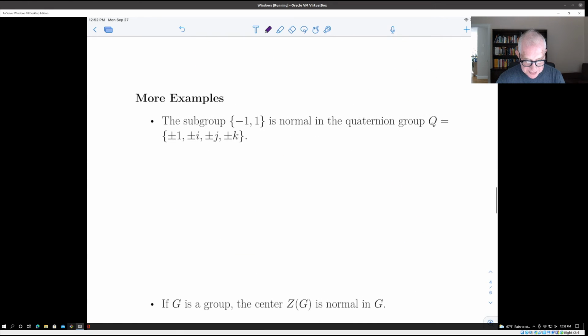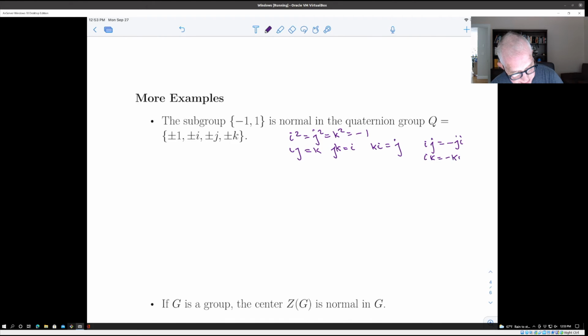A couple more examples. The quaternion group. Remember what the quaternion group was. It has 8 elements, and it satisfies the rule that i squared, j squared, and k squared are all equal to -1. ij is k, jk is i, ki is j, and ij is minus ji, and ik is minus ki, and so on.